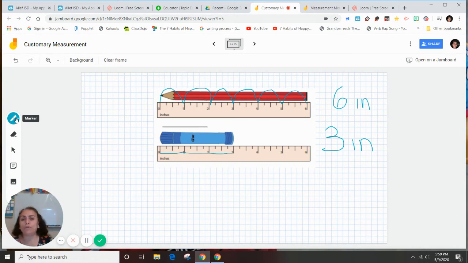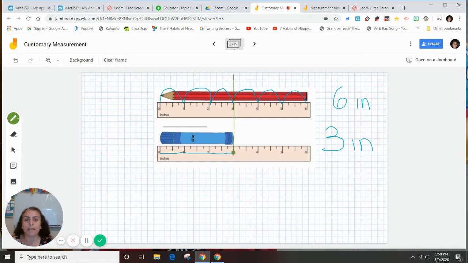What if I want to know how much longer this pencil is than the glue stick? When I'm talking about how much longer, I'm talking about the difference between those. And remember, the difference is a subtraction. Okay, so up to this point right here, both objects have the same length. The pencil and the glue stick are the same length up to this point.